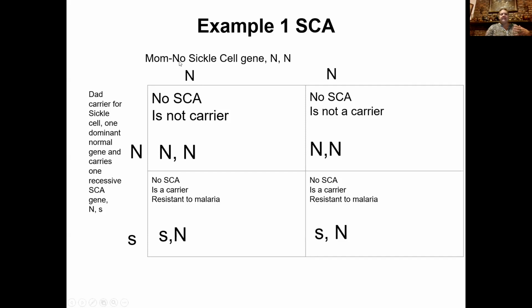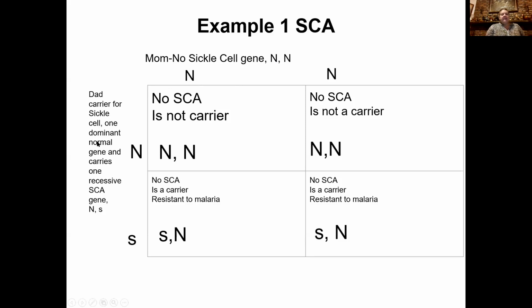So let's see what happens. We have mom who does not carry the gene for sickle cell anemia. She has two normal genes for expressing her blood cells. Dad is a carrier for sickle cell.